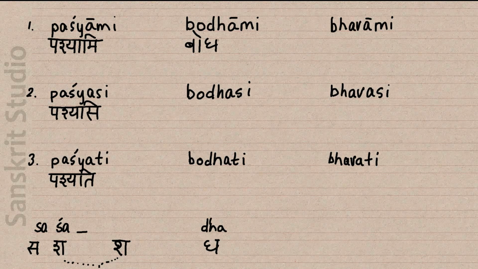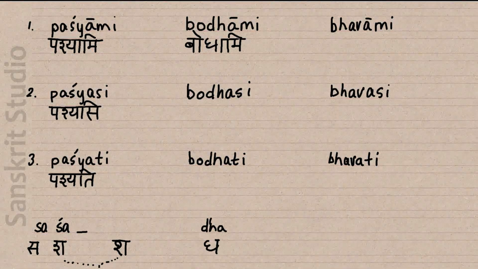And then we do the dha sound, or it actually should be a long ā. It's a long ā here, dhā. And then the usual mi here. And there is no stroke up here also, so we should leave this open here.